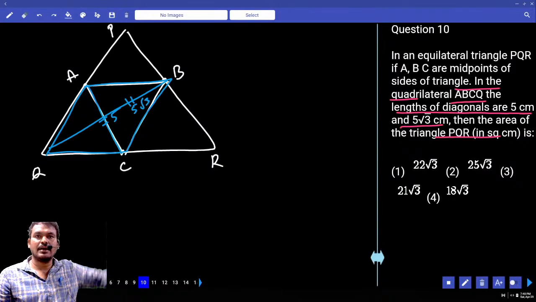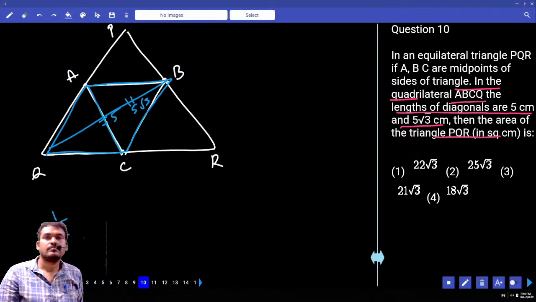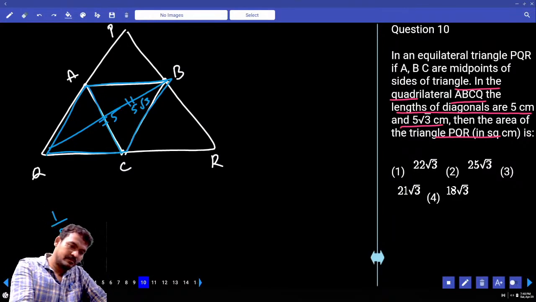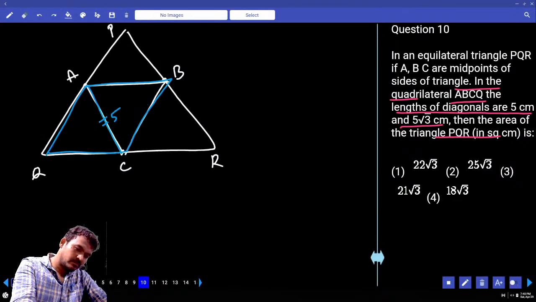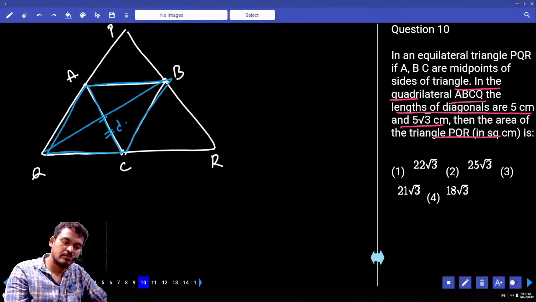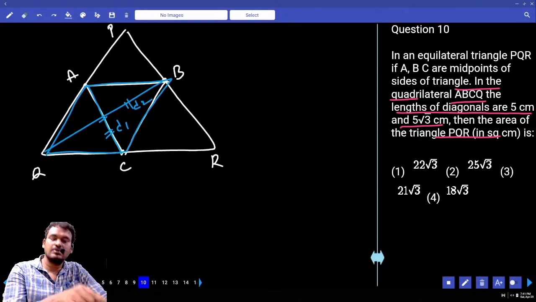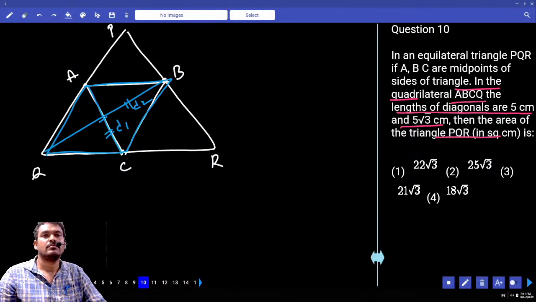Quadrilateral, diagonals are given. What is the area? Half into D1 into D2. Quadrilateral diagonals are given. It is similar to which one? Rhombus.